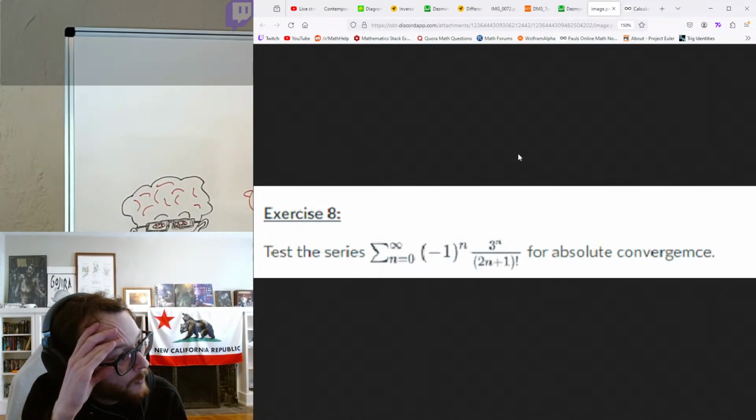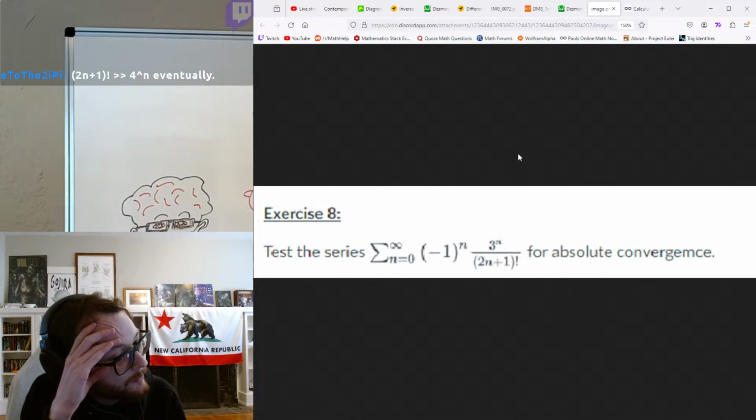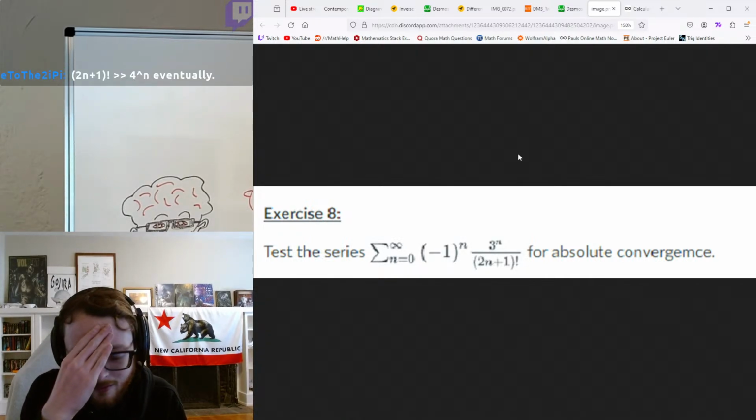That's 2n+1 many numbers. (2n+1)! is much greater than 4^n eventually.